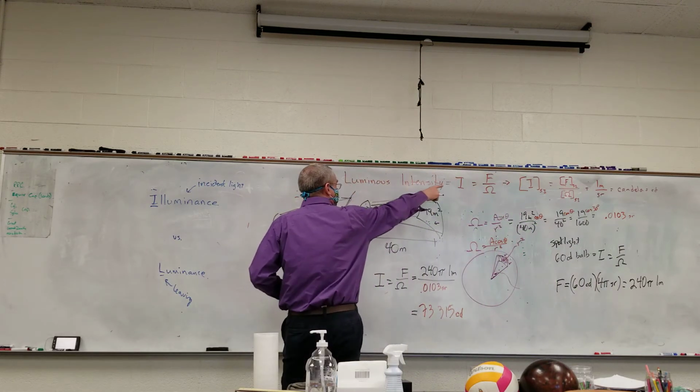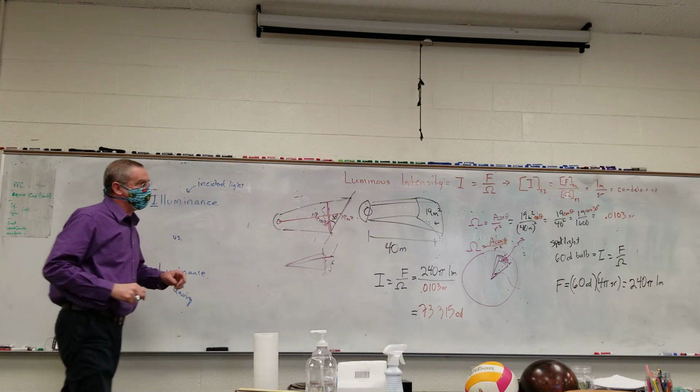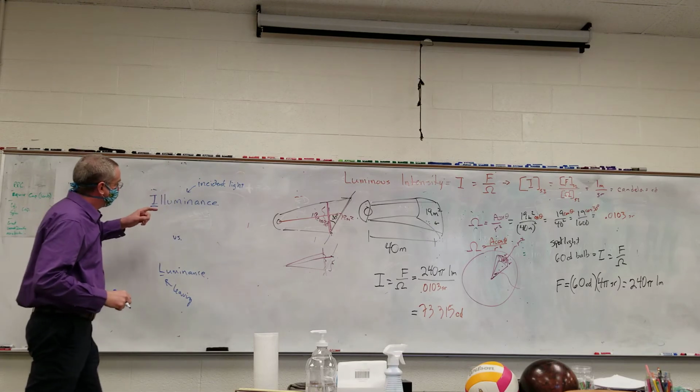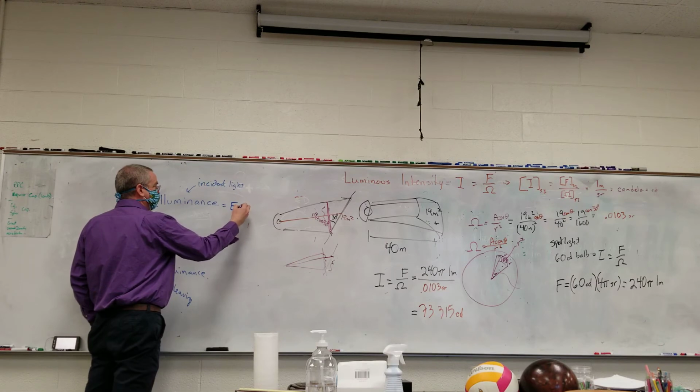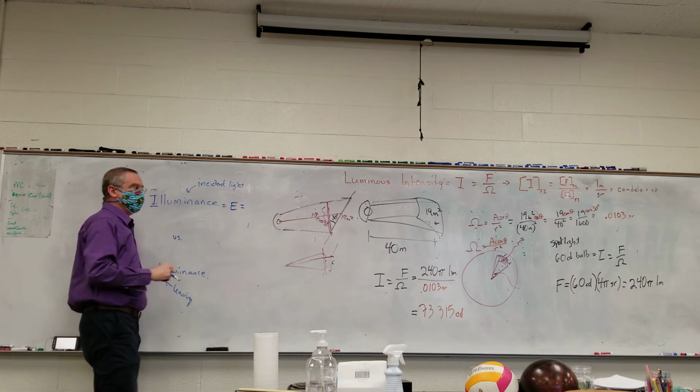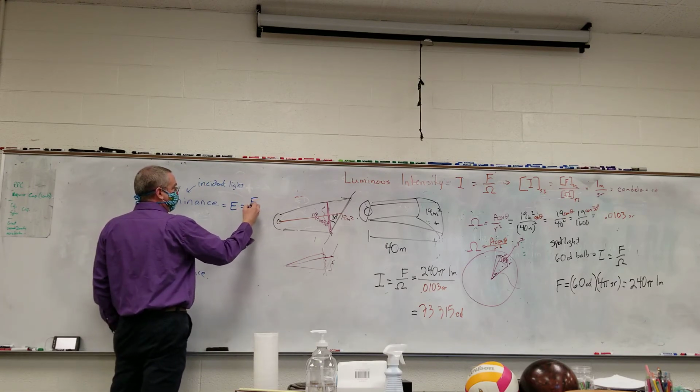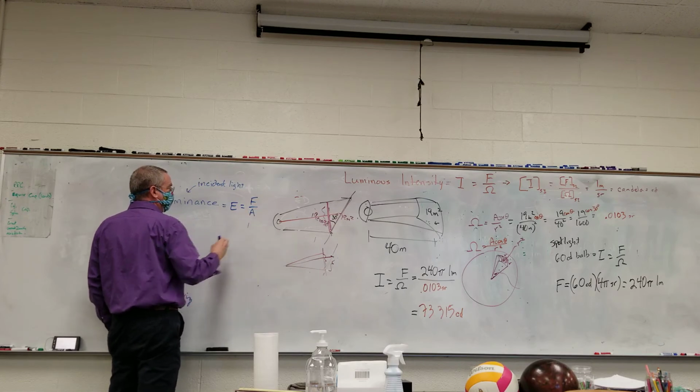Whereas luminous intensity is the luminous flux per angle, or solid angle. Illuminance, which the book uses a capital E for, is equal to the luminous flux per area.